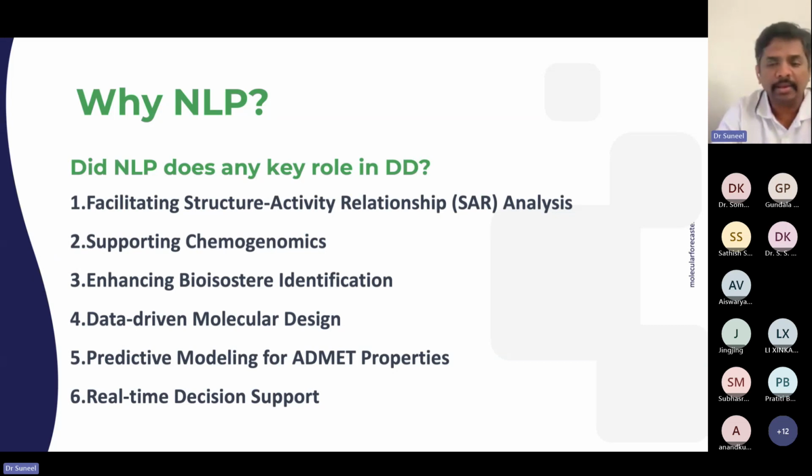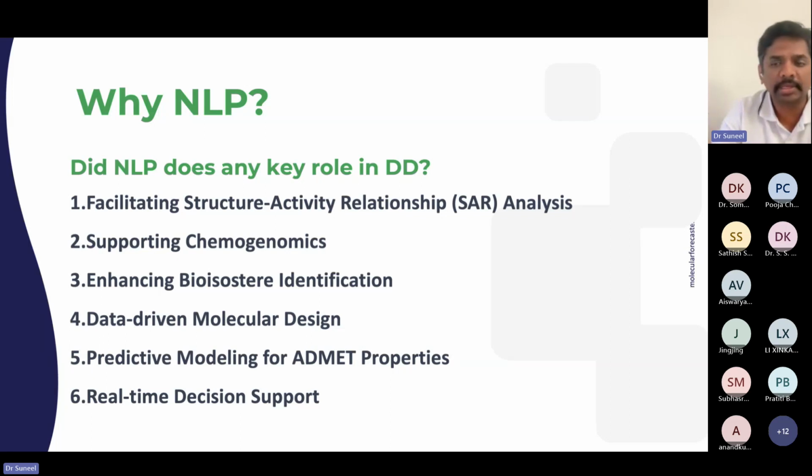Okay, right. Now, in natural language processing, is generative chemistry the only thing that I can use? Is there any additional application? In natural language processing, we can actually use it for multiple purposes. We can try to understand structure-activity relationships and do patent analysis.